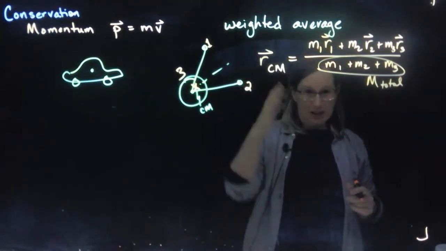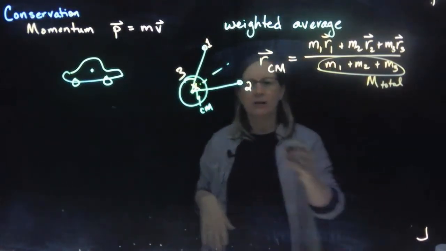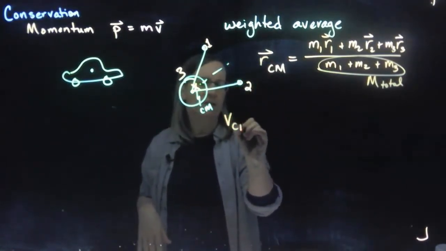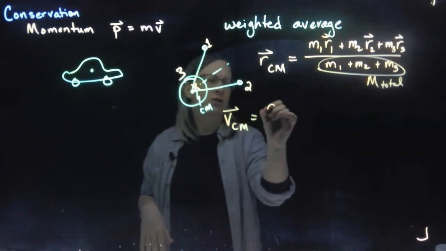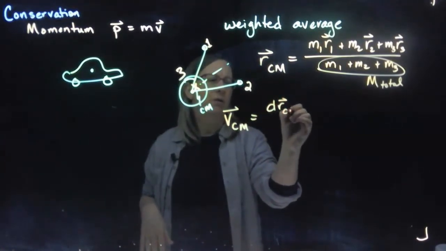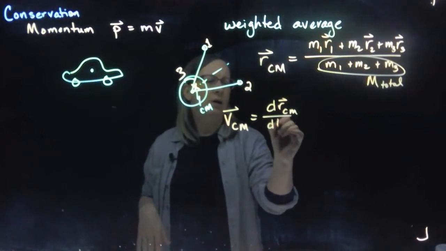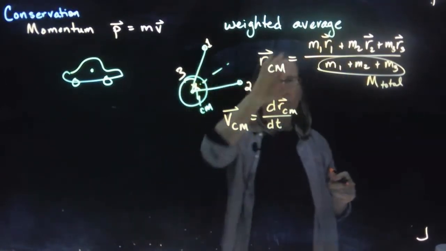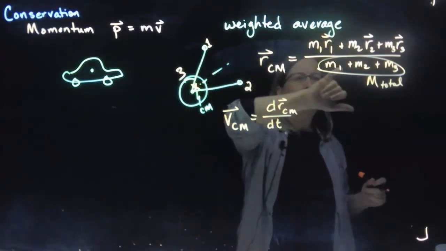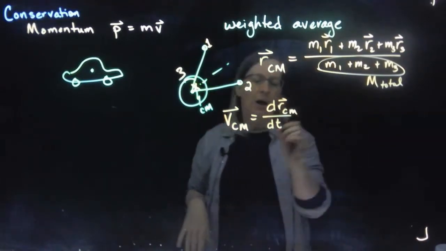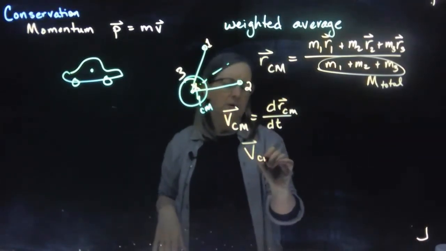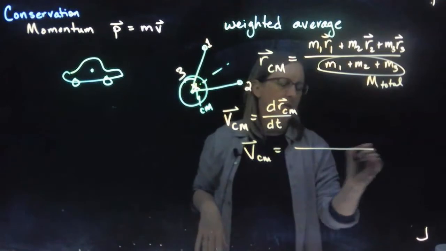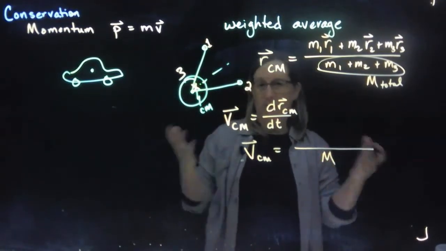If we know the position, we can find the velocity, right? Because the velocity of the center of mass is just the derivative with respect to time, and that means we take the derivative of each of these terms. I mean, this is a constant that we can pull out, right? So VCM, this mass just stays down there. It doesn't change with time.